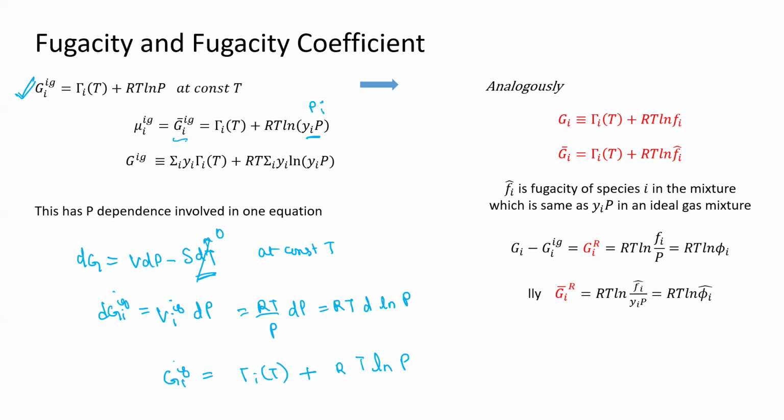So that's how I'm defining this G_i^IG bar. Now, this is i in mixture, and this is pure i. This is for the mixture: G^IG equals sigma y_i into G_i bar, so from that we get sigma y_i G_i plus RT sigma y_i ln y_iP.